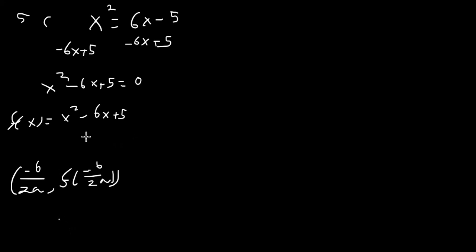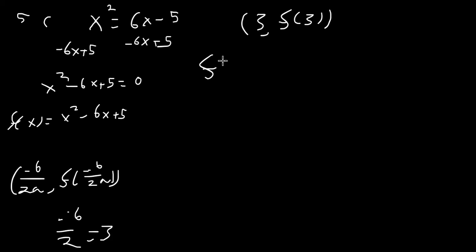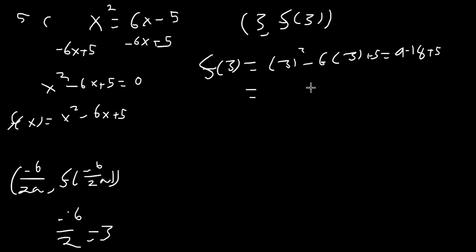Here we have b is equal to negative 6, so we have negative negative 6 divided by 2, which is equal to 3. So our vertex is 3, f of 3. Now f of 3 is equal to 3 squared minus 6 times 3 plus 5, which is equal to 9 minus 18 plus 5, which is negative 4. So our vertex is 3, negative 4.